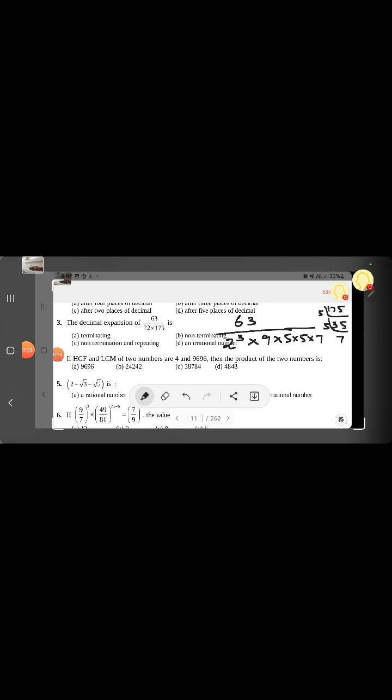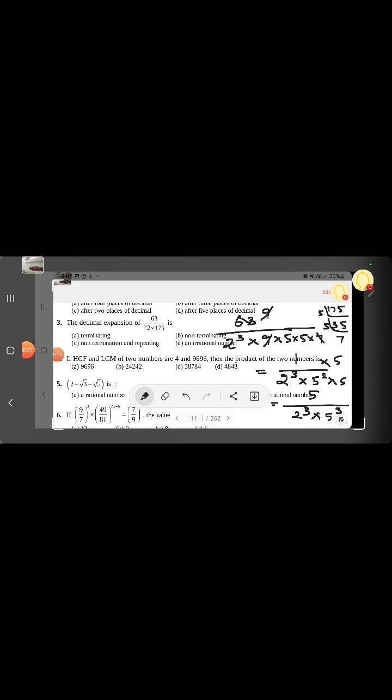Now let's try to cancel the numerator and denominator. 7 times 9 is 63, and this 9 and 9 will get cancelled. So in the numerator we have just 1 divided by 2 cube into 5 square. So multiply the numerator and denominator by 5 so that I get the denominator as 2 cube into 5 cube.